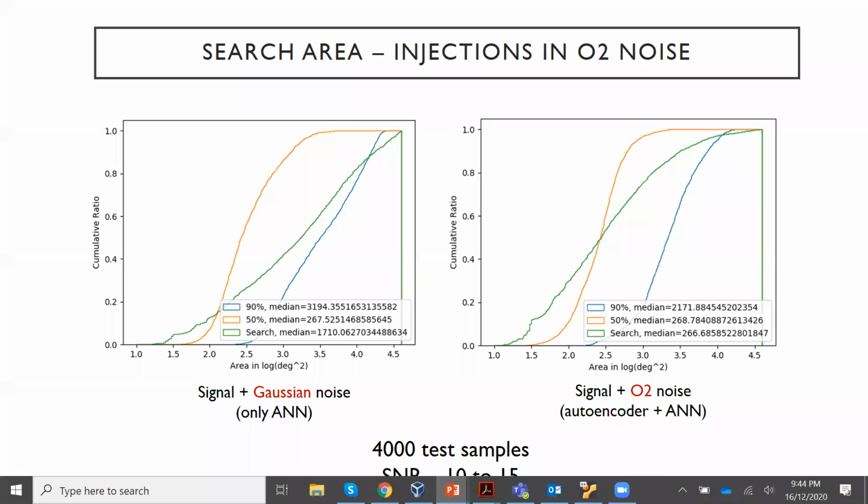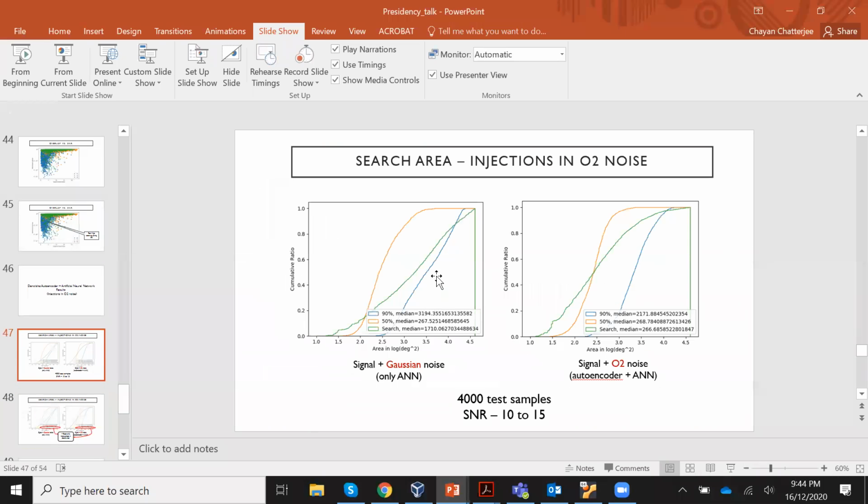I calculate the histograms of the searched area for two different cases. For the first case, we have signals injected in Gaussian noise, and I do not use the autoencoder. For the second case, I have signals injected in real noise, and I use the autoencoder.